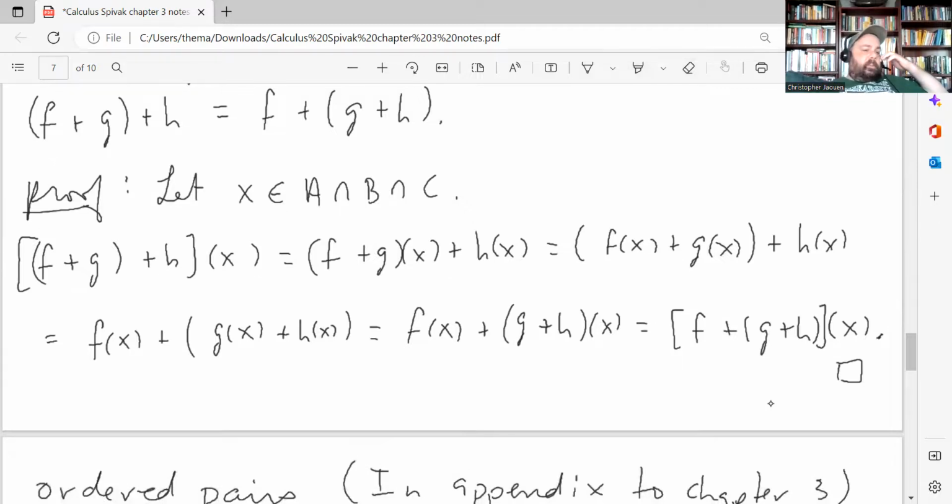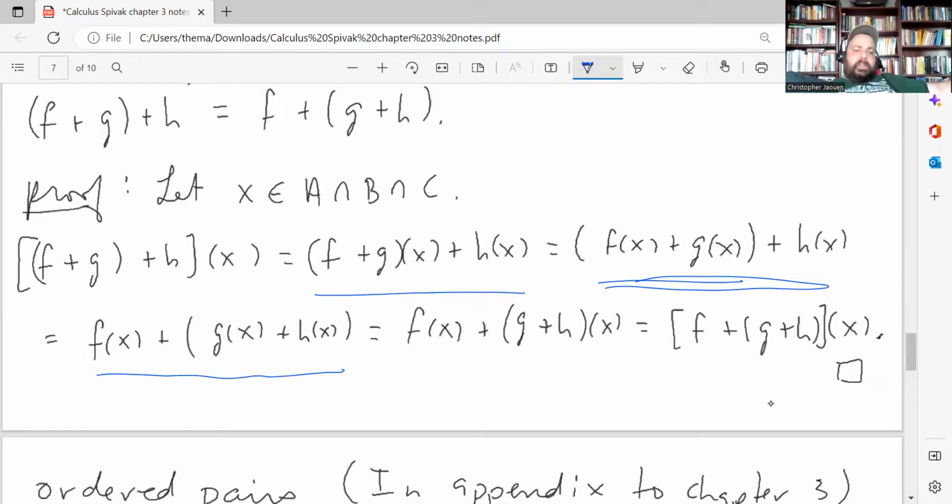So if we add f plus g first and then add h, and we evaluate that at x, we get this by definition, f plus g of x plus h of x, and f plus g of x is defined to be this sum of real numbers. So f of x plus g of x, we add first and then add h of x. And because this is a sum of real numbers and addition of real numbers is associative, we can move the parentheses to get this.